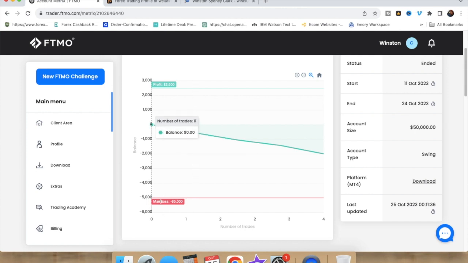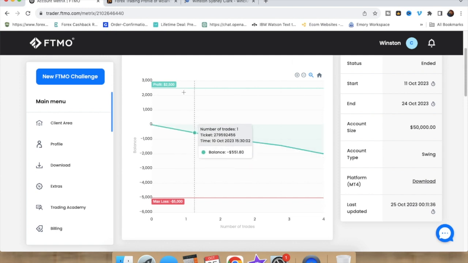The negative $5,000, that is actually 10%. So I could actually lose 10 trades in a row. But luckily, the expert advisor only took 4 trades. So that was that. And let's go ahead and get into the metrics.